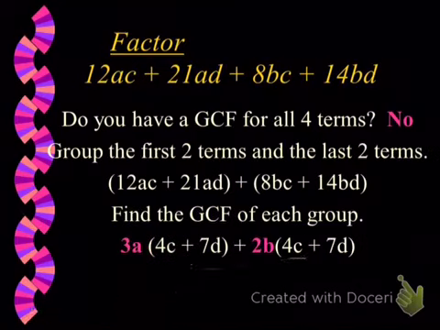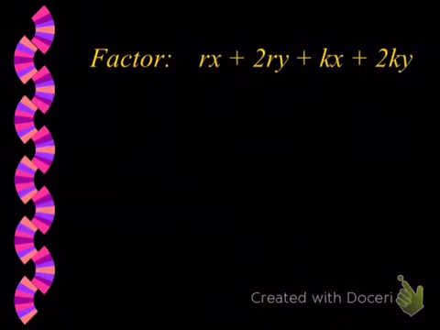All right, so let's look at this second example again. Factor Rx plus 2Ry plus Kx plus 2Ky. Is there a common factor across the board?